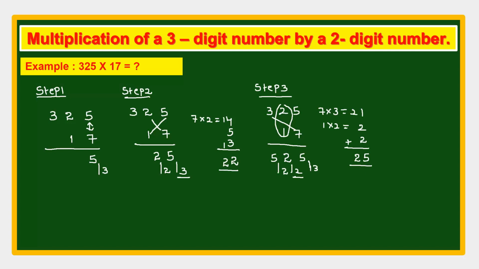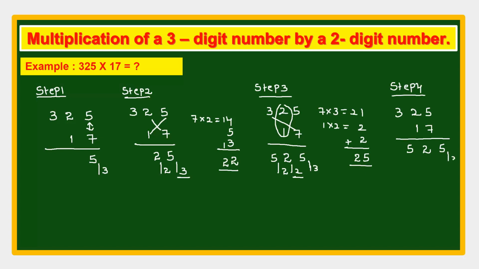Next step 4. 325, 17. So the answer: already we performed 3 steps. 5, 2, 5.